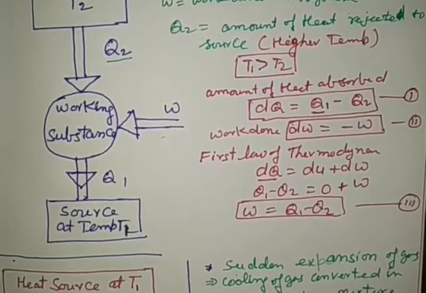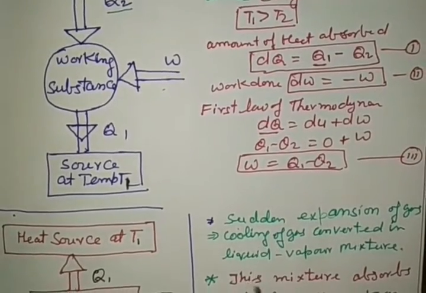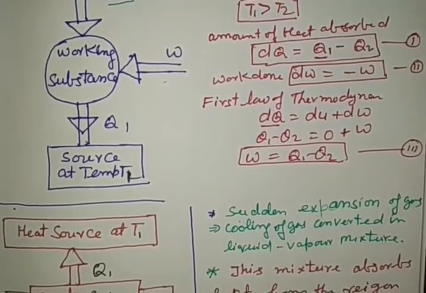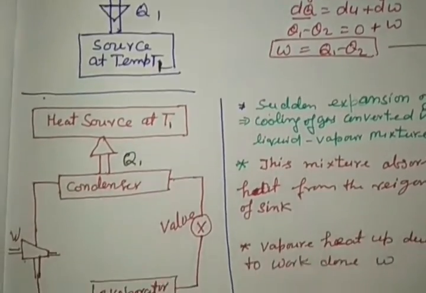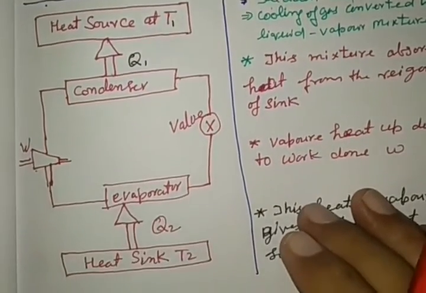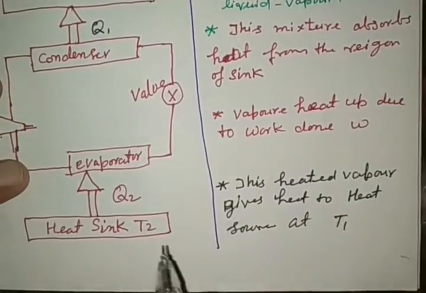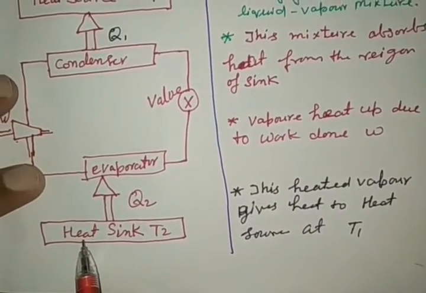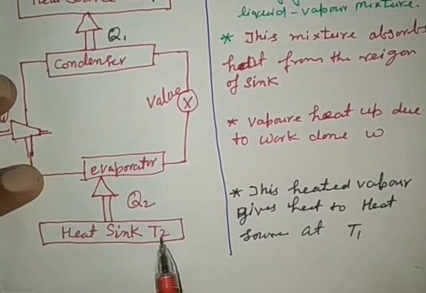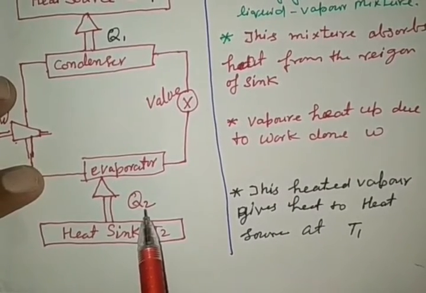Now see the working of the fridge in one more additional diagram. See what is this? Here is the refrigerator, in which heat sink at T2 is given, and Q2 amount of heat is absorbed here.